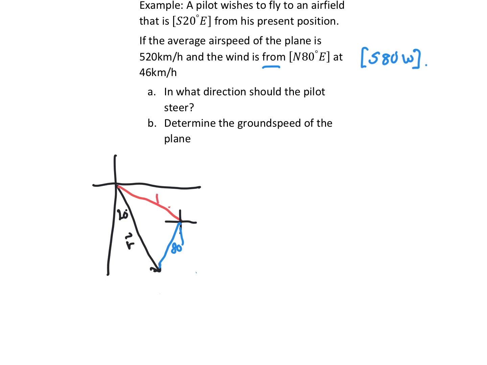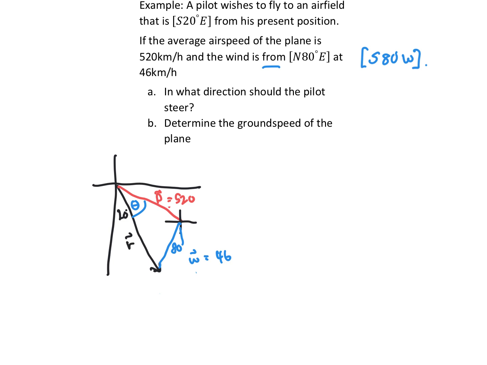The plane we know is traveling at 520 kilometers per hour. The wind we know is traveling at 46 kilometers per hour. And so in this type of question, we want to find the direction first. We want to find this angle first, because we don't have enough information to use cosine law yet.